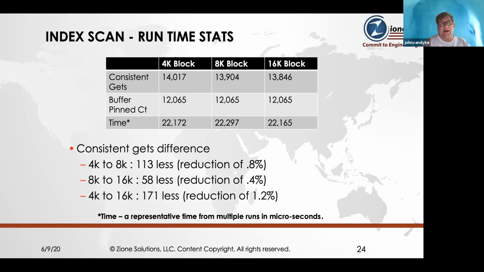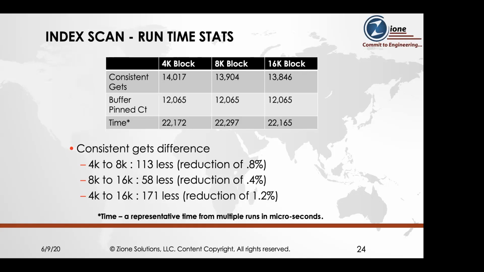Most IO channel systems are built on an 8K mechanism, right? When you read and write from an IO device, it's an 8K thing going back and forth. So why not just work with the blocking mechanism of the IO device, which is 8K? Yeah, I agree.